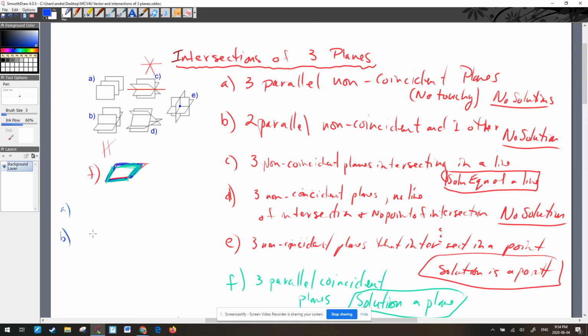Case F is dead easy, they're all matching. Case B starts with two parallel and one non-parallel. Three parallel is just obvious. And this one would be two parallel and one other.